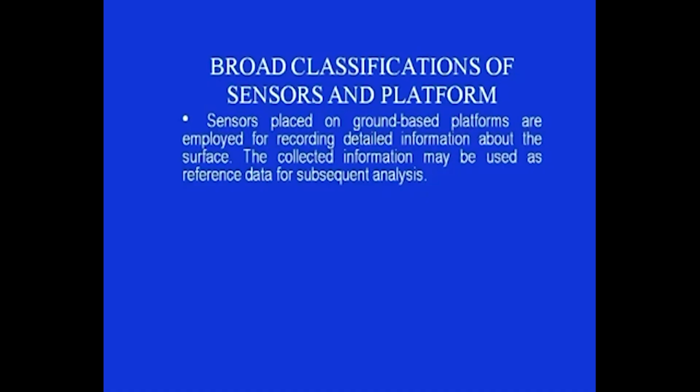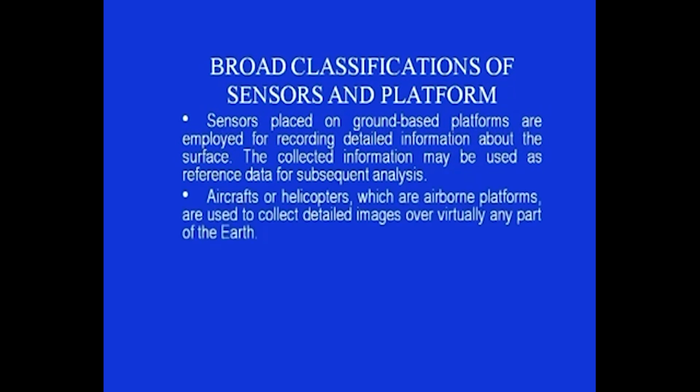Now let us look at the categorization of sensors on the basis of their position. Sensors placed on ground-based platforms are employed for recording detailed information about the surface. The collected information may be used as reference data for subsequent analysis. Aircraft or helicopters, which are airborne platforms, are used to collect images over virtually any part of the Earth's surface.